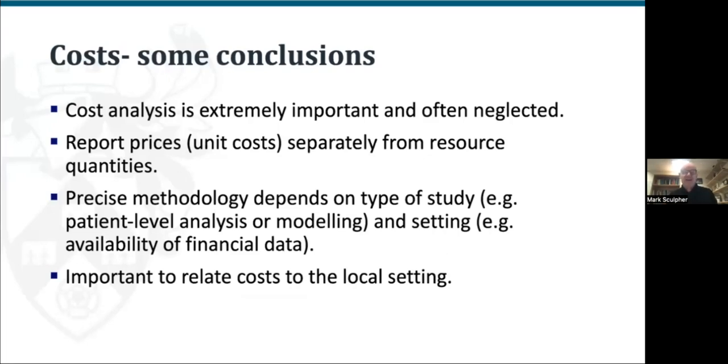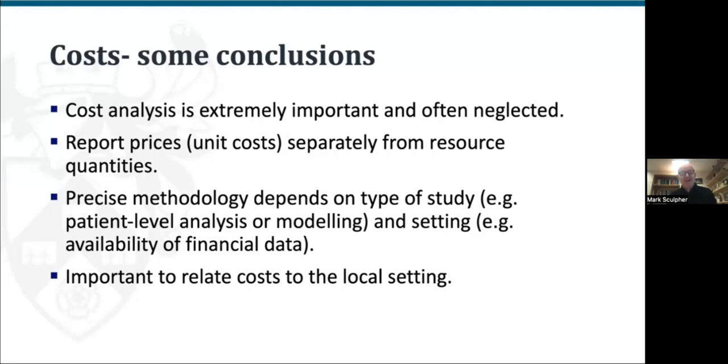So obviously cost analysis is really important. We need to make sure we separately report unit costs and resource quantities, but the precise methodology we use will depend on the sorts of data availability we have. For example, if we are attaching a piece of economic evaluation to a clinical study, like a randomized trial, that gives us an opportunity to collect data, not just of a clinical nature, but also resource use.